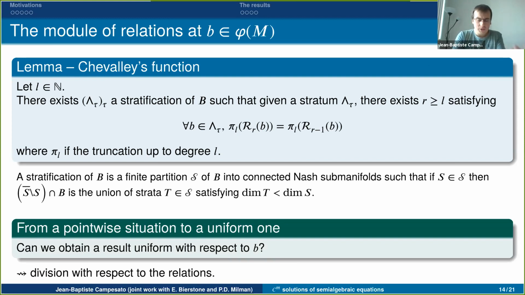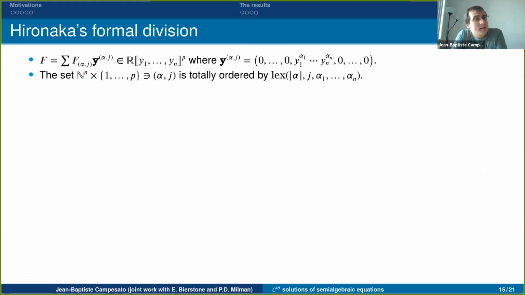So I'm going to use something which is very similar to Gröbner bases, and which is related to Hironaka's formal division. That's a generalization of the Euclidean division. But I'm going to divide a power series by finitely many power series. So I would like to express f as the sum of f_i q_i plus r, such that this expression is unique.